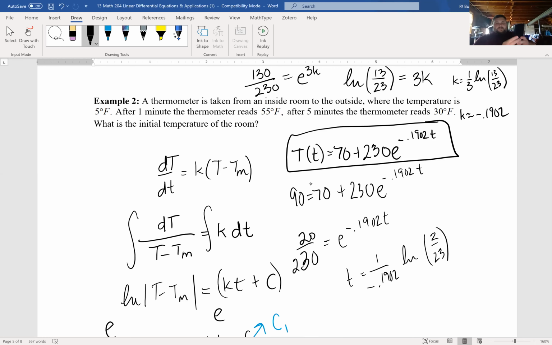So I just went ahead and did that quickly so we can get a number, because I want to leave as much time for you guys to try some of these as possible. So natural log 2 over 23. I get 12.8.